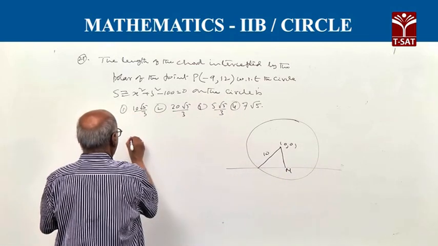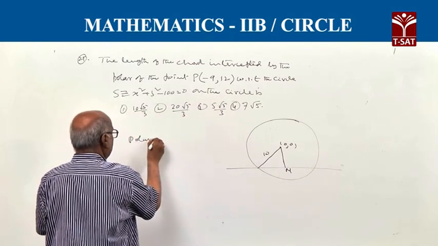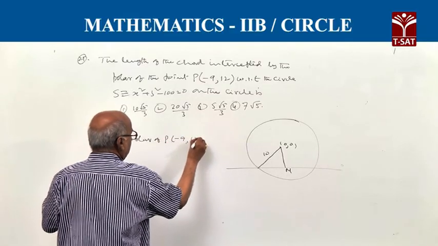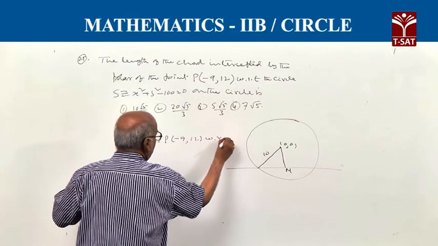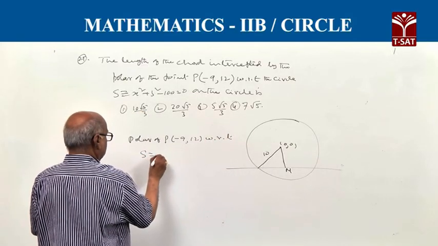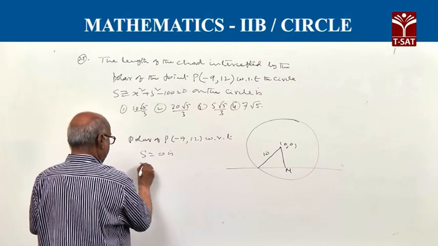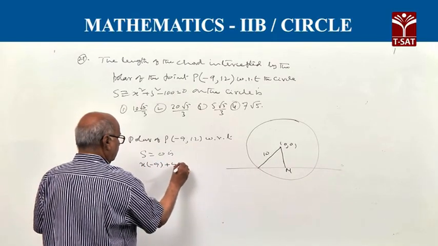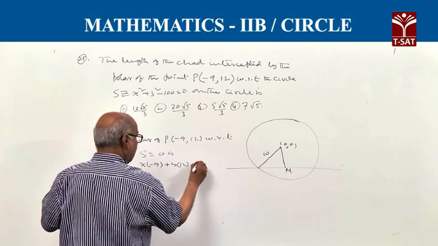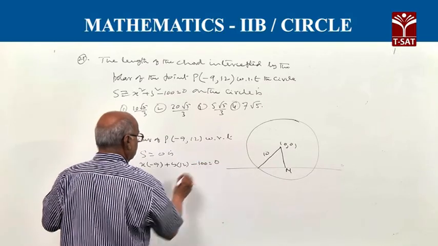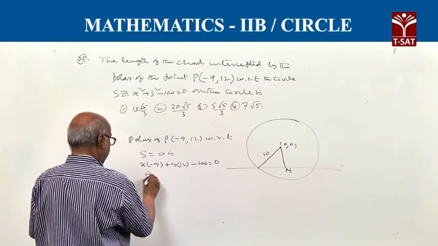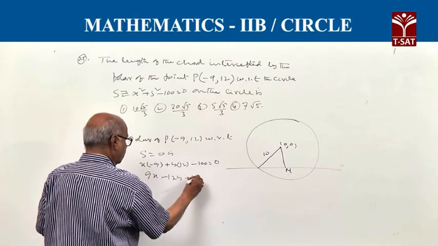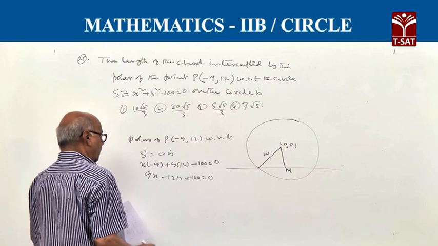Now you know that the polar of P(minus 9, 12) with respect to S equal to 0 is x into minus 9 plus y into 12 minus 100 is equal to 0, or that is 9x minus 12y plus 100 is equal to 0.